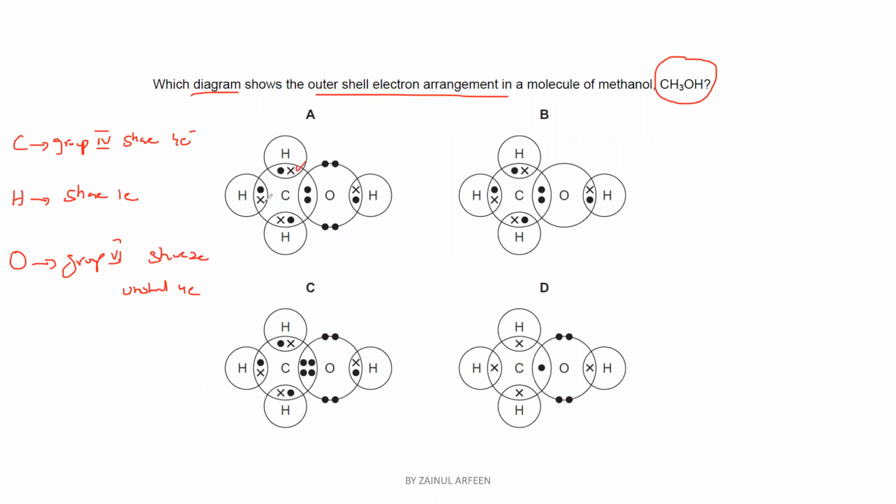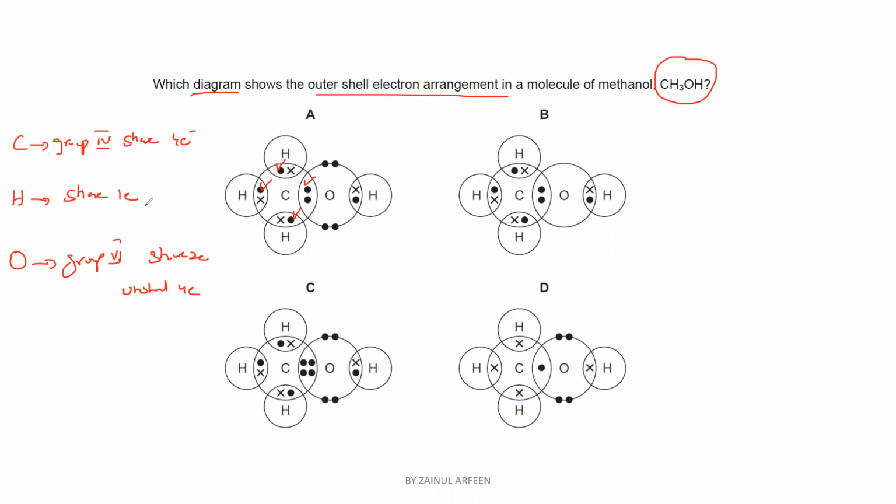So this is 1, 2, 3. But you can see the fourth electron, the carbon electron, they are representing by a dot. So this carbon shares 1, 2, 3, and this carbon shares 4. And there should be no unshared electrons, so carbon is right.